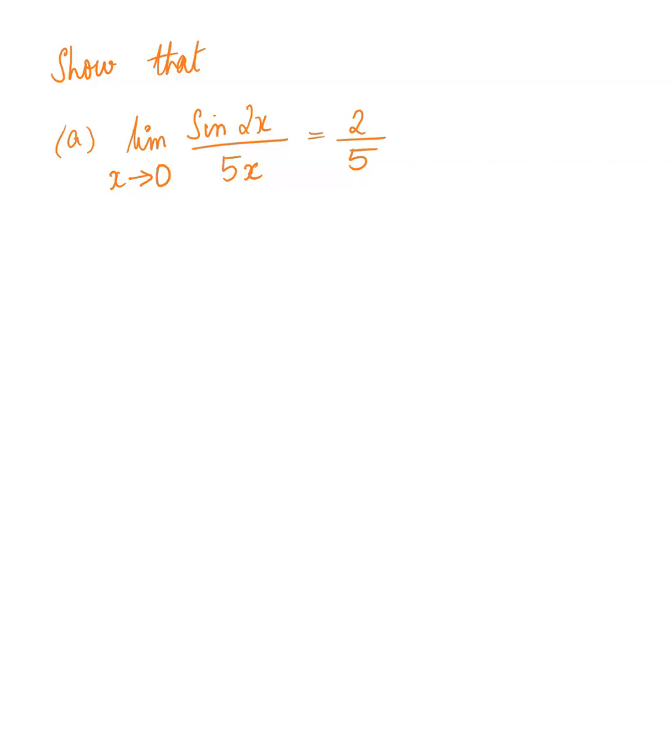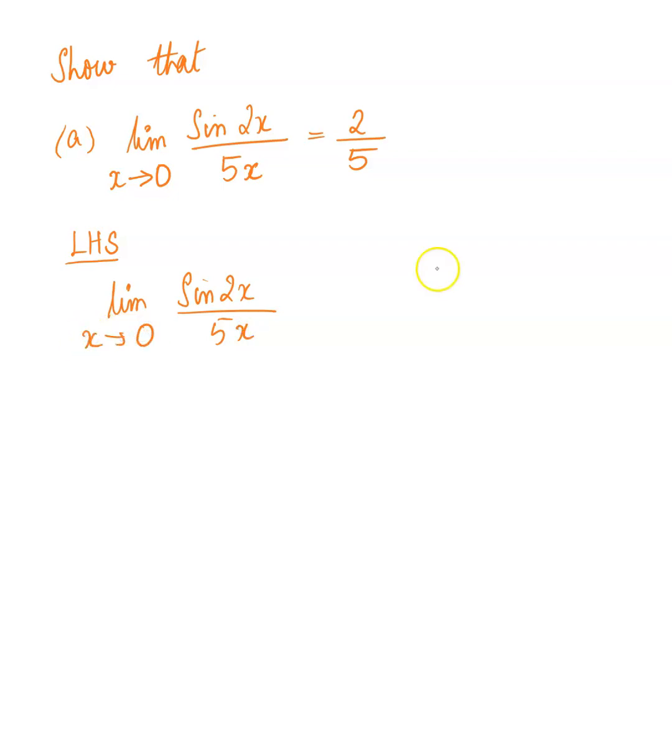So whenever there is a solution provided and we have to verify it, in this case, just like in trigonometry, we will start with the left-hand side and show that that value equals the right-hand side. So we'll take limit sine 2x over 5x as x approaches 0.